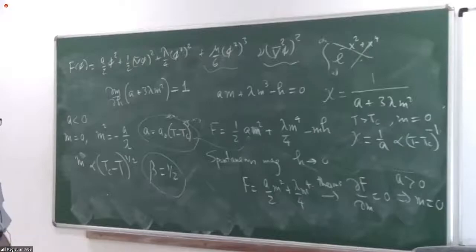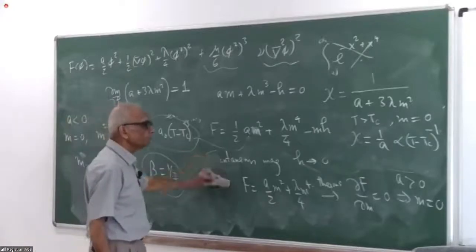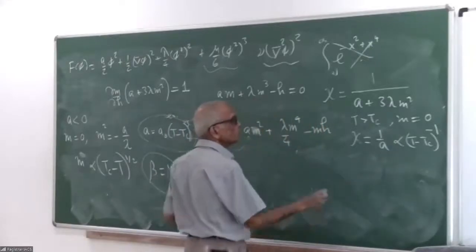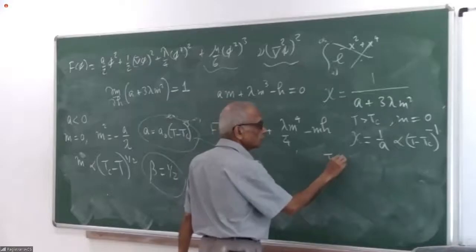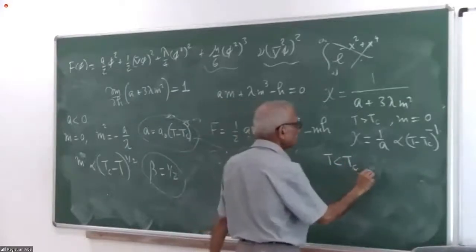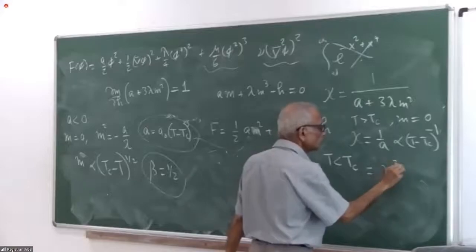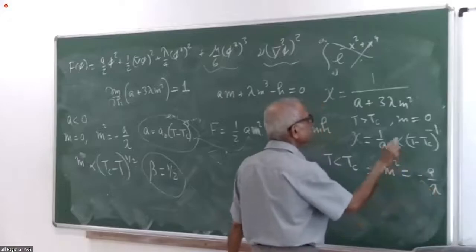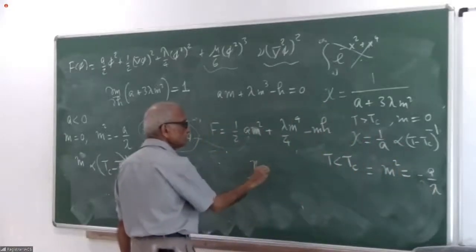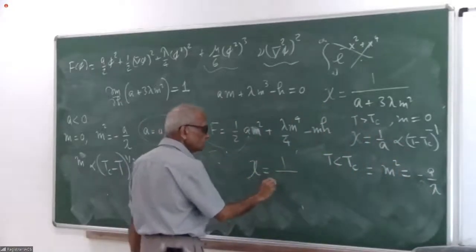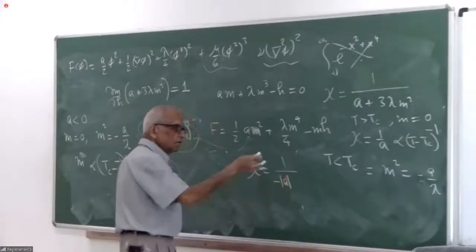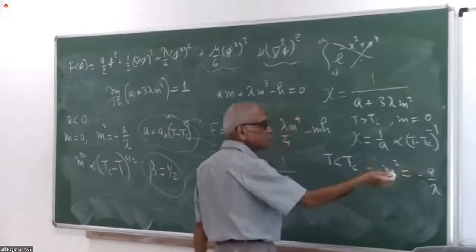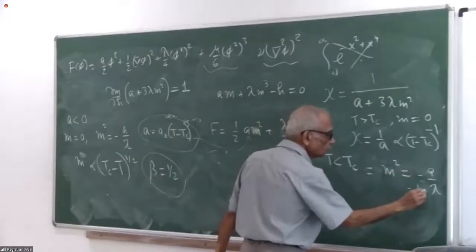What if you are below Tc? So below Tc, m squared will be minus a by lambda, and therefore chi is equal to 1 over a plus 3 lambda times mod a by lambda, where a is now negative, so minus mod a.